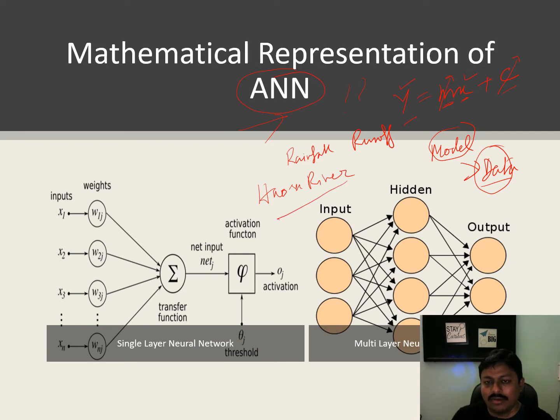Based on the data of the Howrah River, I develop the model and then I try to use that model to predict the runoff of the Gumti River. For linear models, as they do not adapt with the inputs, whenever you use a model developed on Howrah River data to predict the runoff of Gumti River, the error will be large.